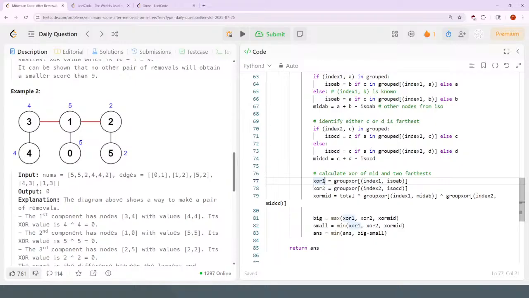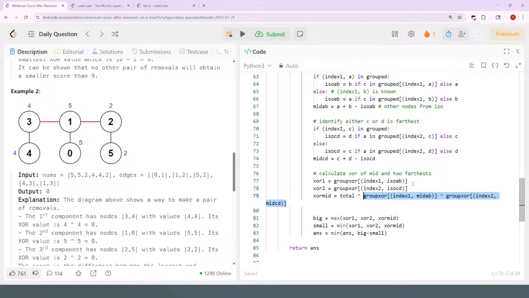And then last but not least, the XOR values. The two farthest nodes, the XOR values, just the edge and using the dictionary for group XOR. And the XOR value, the stuff in between, will be excluding the stuff on the side. So I think I could have just done something like total X. Actually, this is more complicated than I probably should.